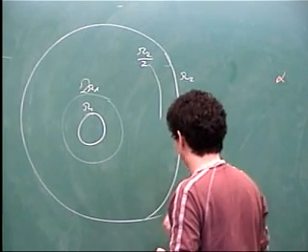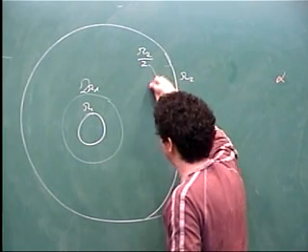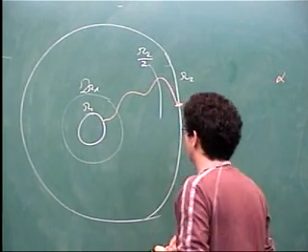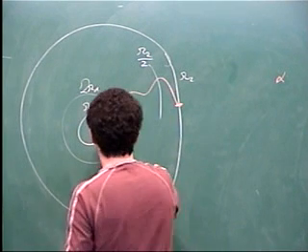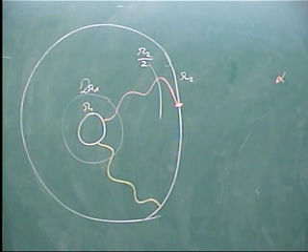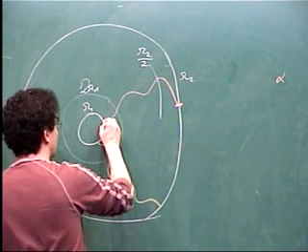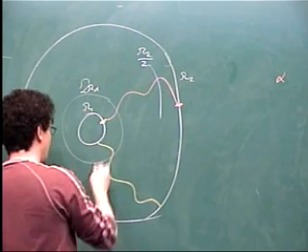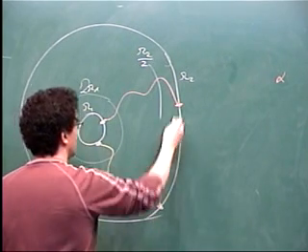The red one goes from here to here. The yellow one goes from here to here. These two have an endpoint here, here, and here.